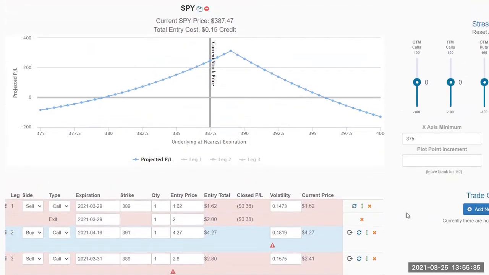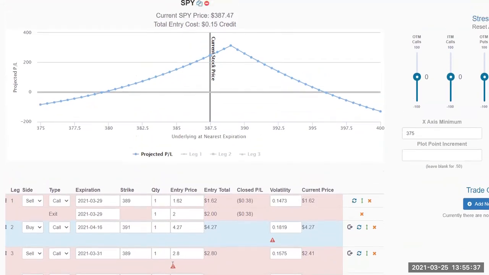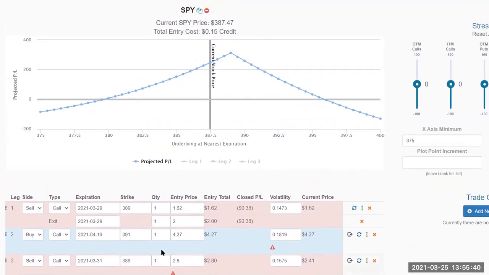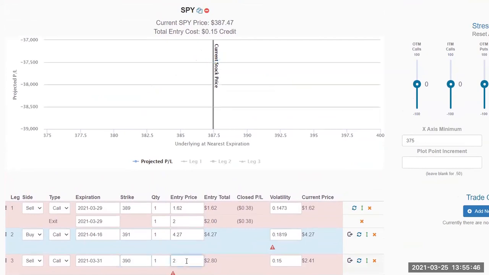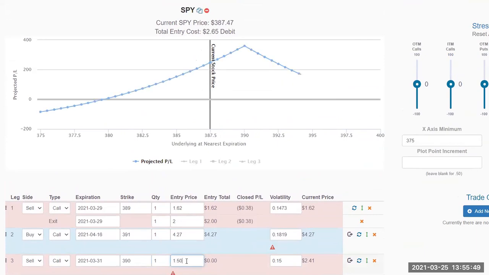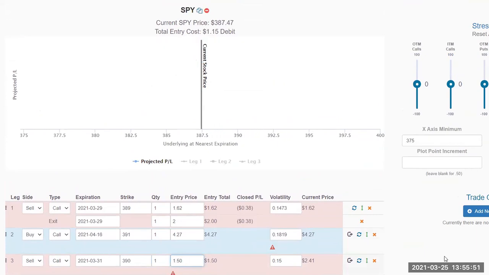So, you can either sell the same one, especially if there's extrinsic value, or you might say, you know what, I'm going to do a 390 now. I'm probably going to bring in $1.50 because that'll be a Monday, Wednesday thing.